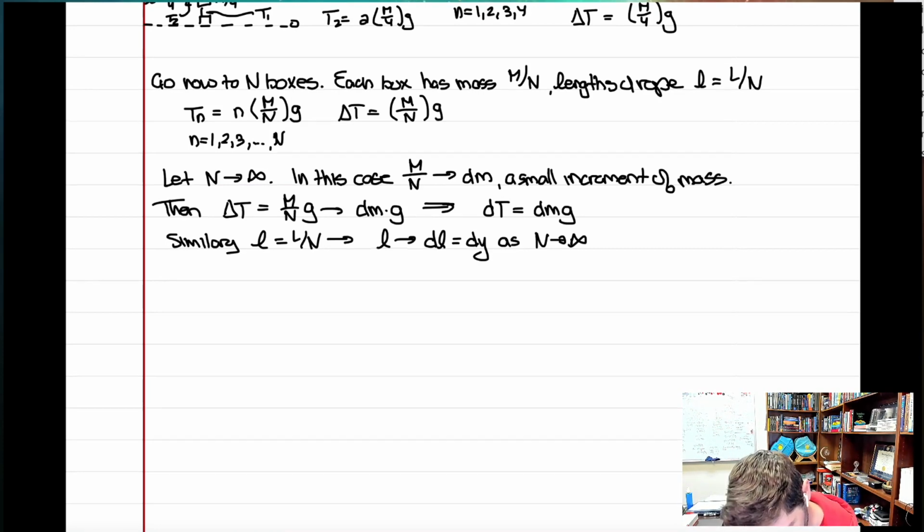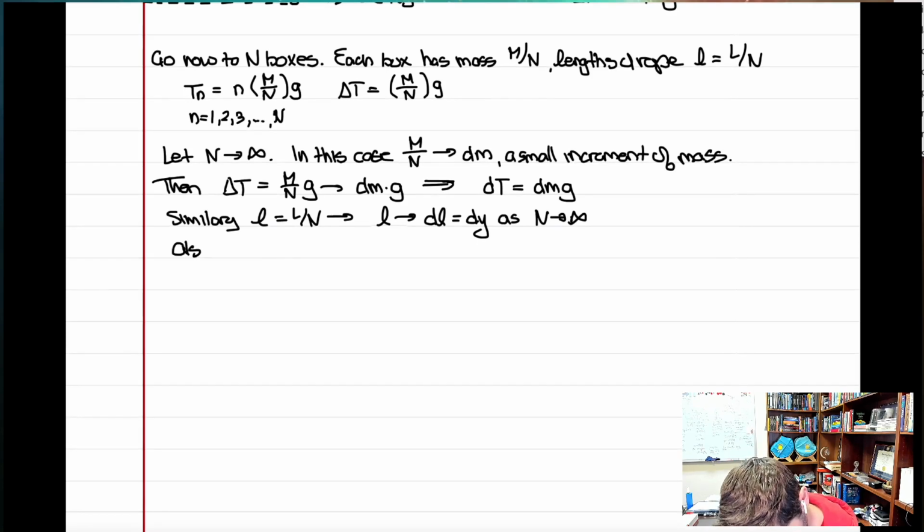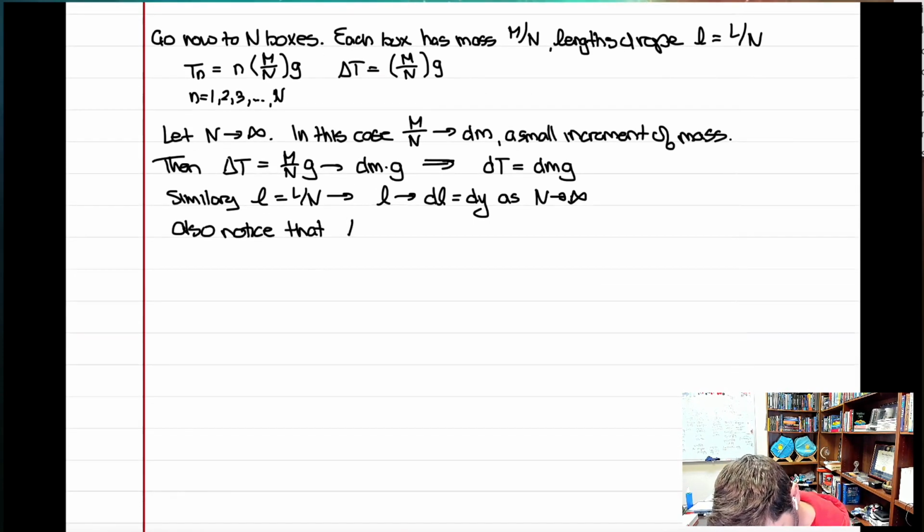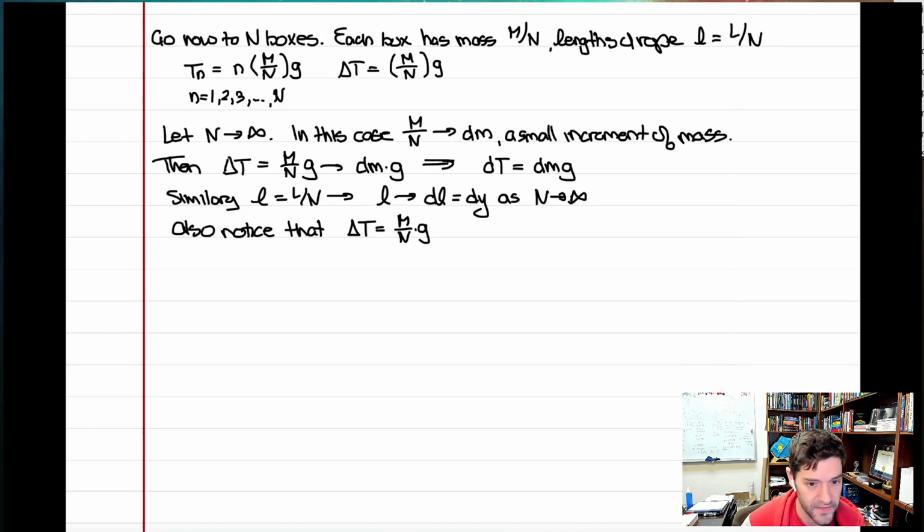So in this case, also notice that if I write dt, which I originally had as m divided by n times little g, and do I still have it on the screen? Yeah, I still have it up here. I also have little l is big L over n.